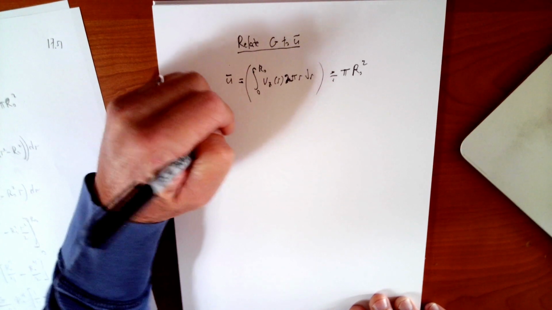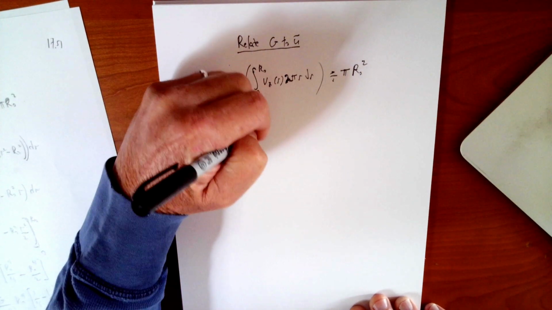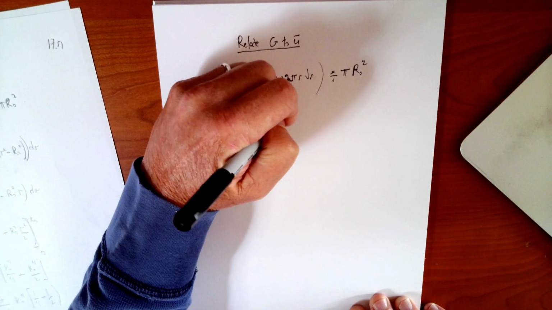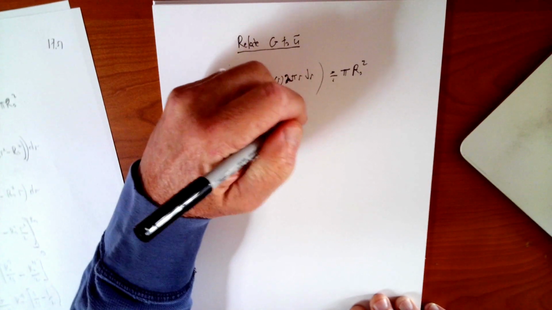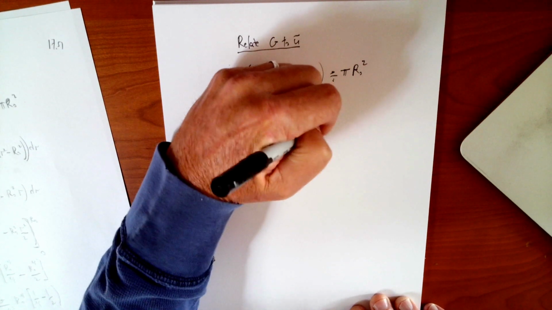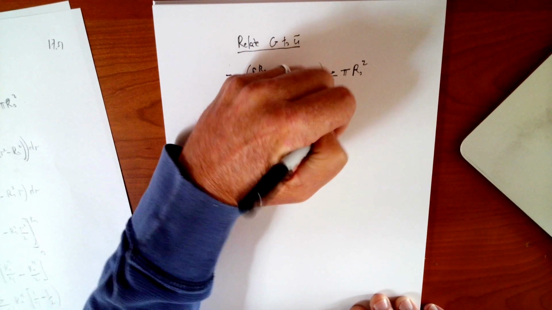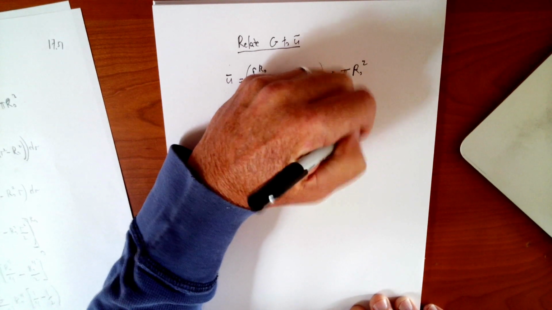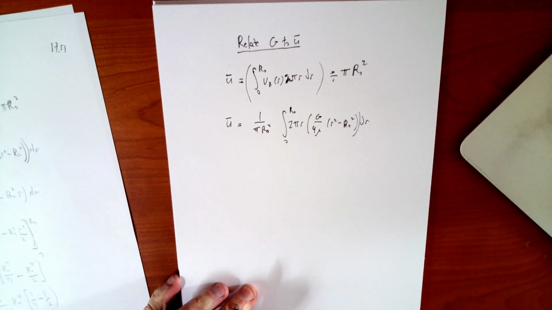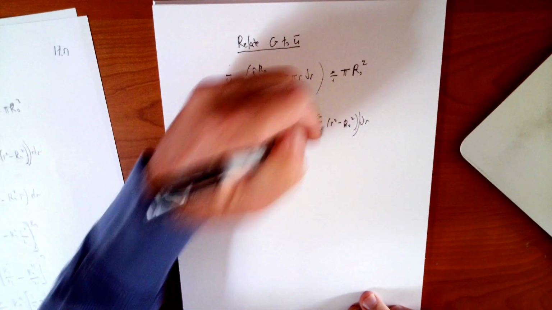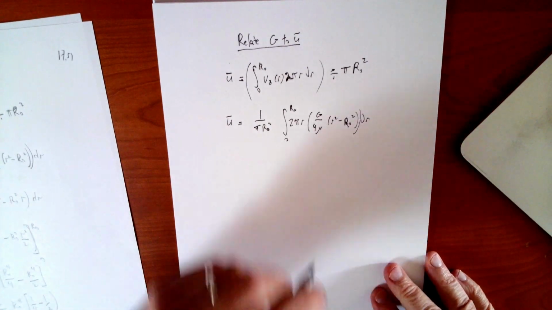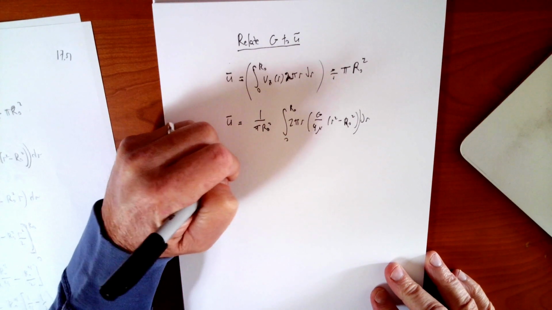So we're going to go ahead and take this integral, 1 over pi r naught squared, moving that into a denominator, and then 0 to r naught of our expression, 2 pi r times vz of r. So that's g over 4 mu times r squared minus r naught squared, and that's all just dr. And then that's actually not a hard integral to take, happily, once again.